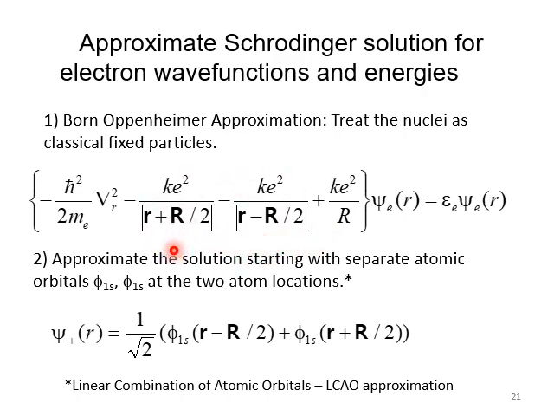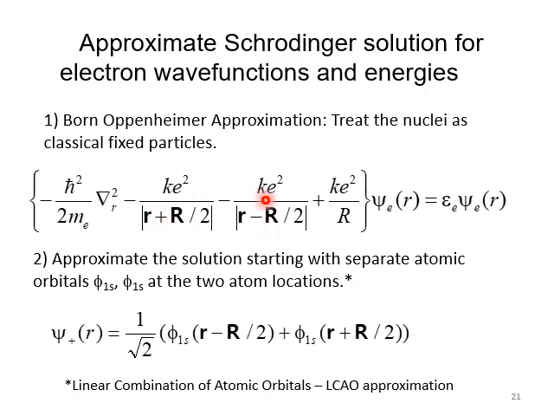There's only one electron in the system, so we are concerned now with the kinetic energy of the electron, and that kinetic energy should include the full Laplacian. Then there's the Coulomb energy of the electron with respect to one of the nuclei, and the Coulomb energy with respect to the other nucleus.